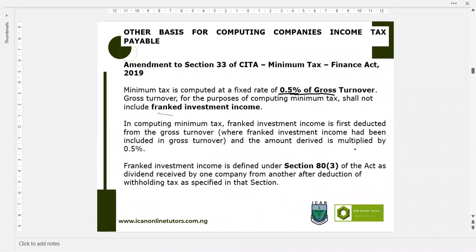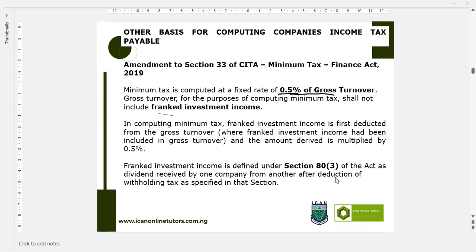Are we together? So in computing minimum tax, frank investment income is first deducted from the gross turnover, where frank investment income had been included in gross turnover, and the amount derived is multiplied by 0.5%.